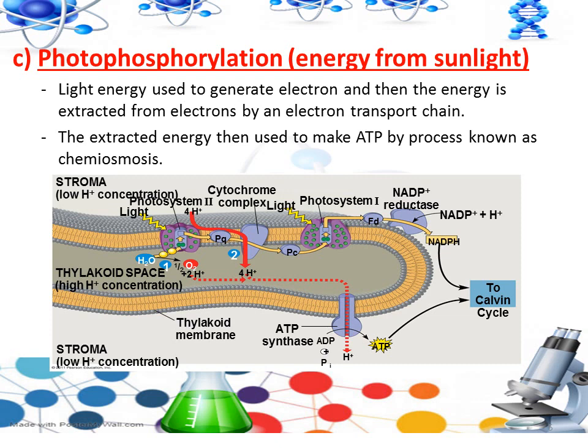Okay, the last, which is the third mechanism, is photophosphorylation, which is energy from the sunlight. So the ATP is produced by chemiosmosis, but this time in plant cells, and the energy comes from the sunlight.